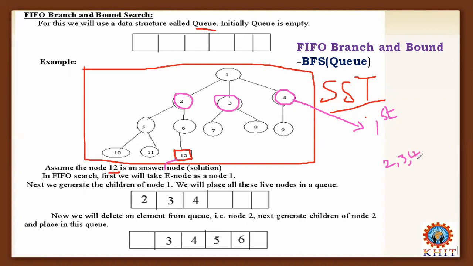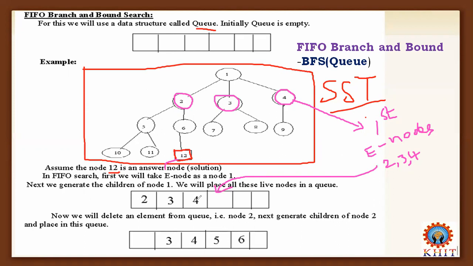So the nodes generated from the root node are to be considered as E nodes. In the first iteration, there are 3 E nodes generated, namely node 2, node 3, node 4, which are directly placed in the queue in the order of 2, 3, 4.